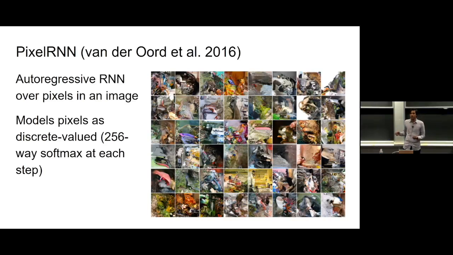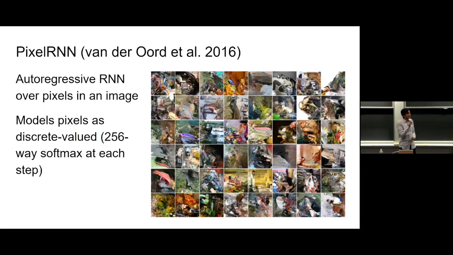And the 2 tricks that they use to make this work effectively are, first, they came up with an efficient formulation where they can train this thing efficiently by use of a series of convolutions that are constructed in a special way. And then the second thing that they did is they chose to model each individual pixel not as a continuous value, but as I mentioned, to quantize it into 256 possible values, an 8-bit integer, basically.